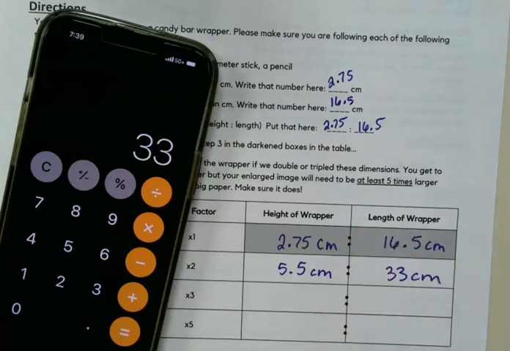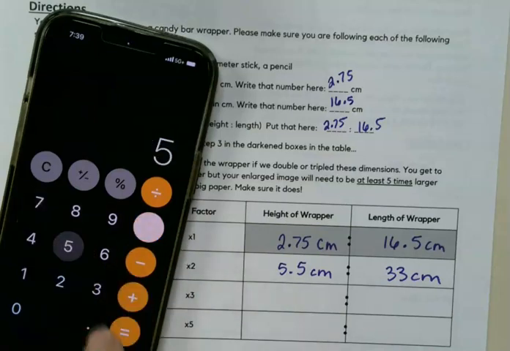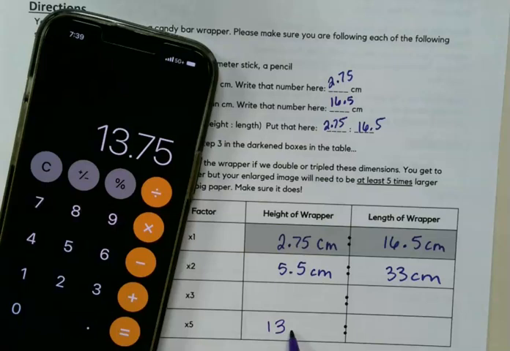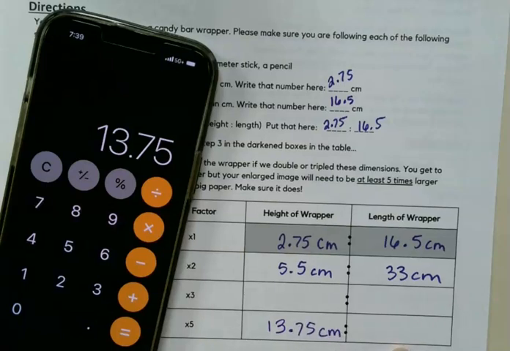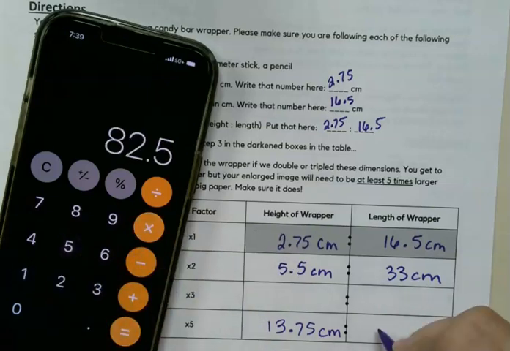I'm going to do that through my whole table. I'm going to jump down to this times 5 to show you the next step. So 2.75 times 5 is 13.75 centimeters. And my length, 16.5 times 5, is 82.5 centimeters.